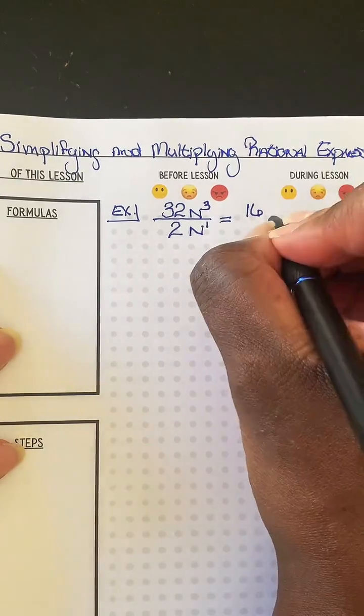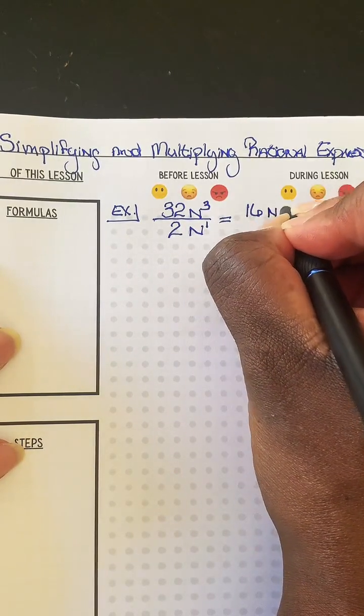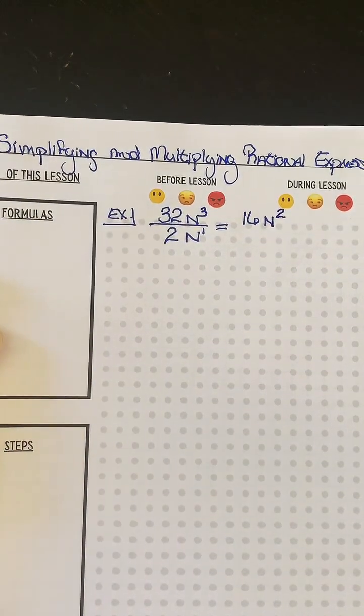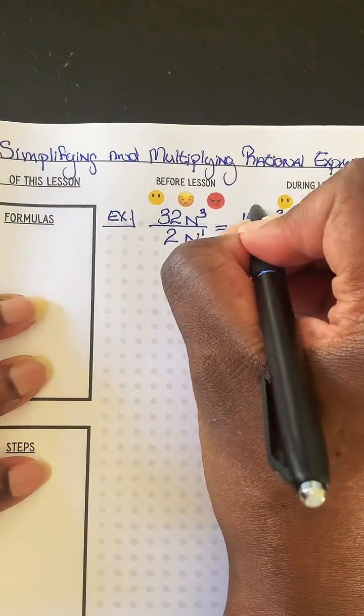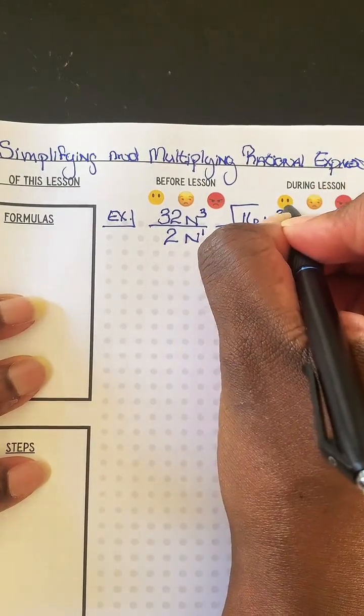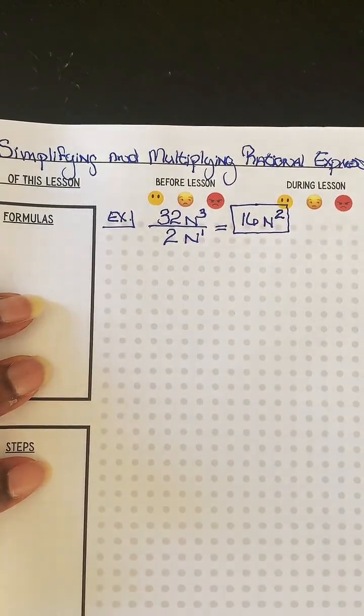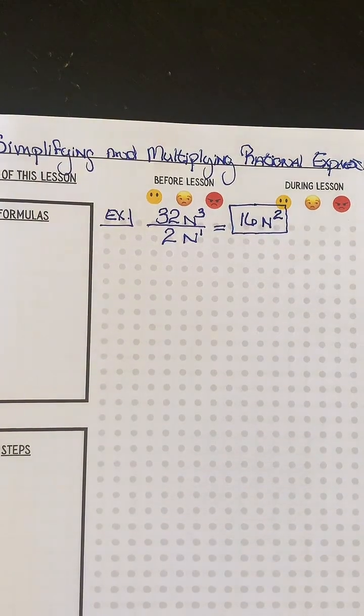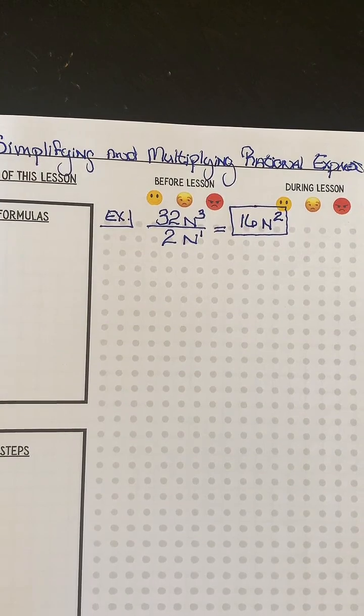What remains is 2 n's, so we'll say n squared. Okay? So when you're dealing with your rationals, you could try to simplify, and after you simplify, you want to work on your exponents.